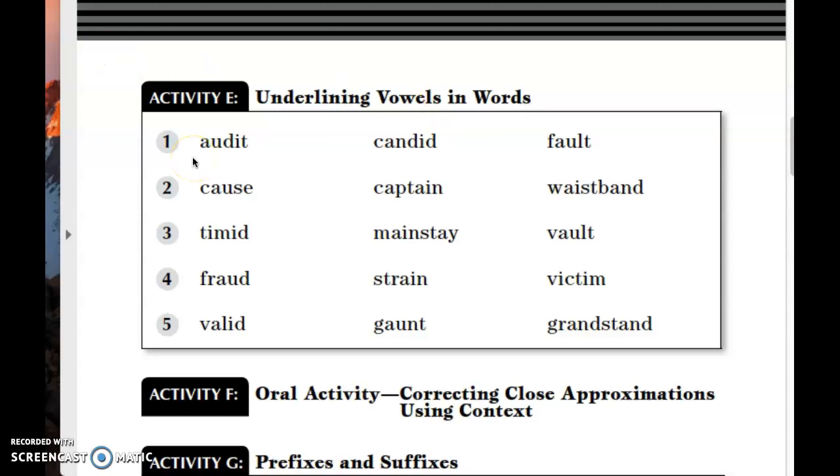Watch me find the vowels in these words. What sound do we see? AU makes the sound ah. You would underline AU. It's a vowel combination, so underline the vowel combination AU. Also underline the letter I. I will show you.